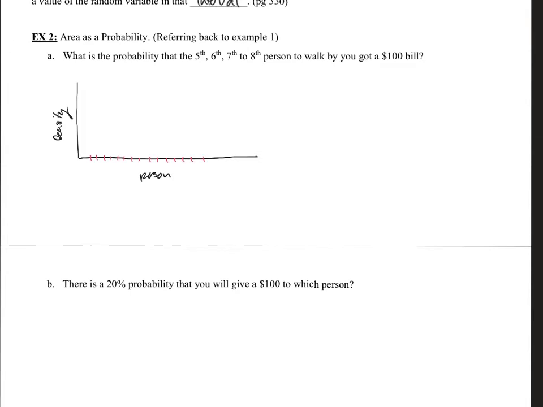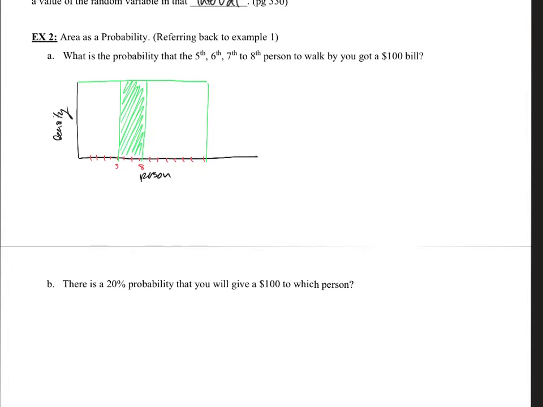And we're looking for people from 5 to 8. So 1, 2, 3, 4, 5, 6, 7, 8. So we are looking at the density of the area right here. What is this probability? 5 to 8.